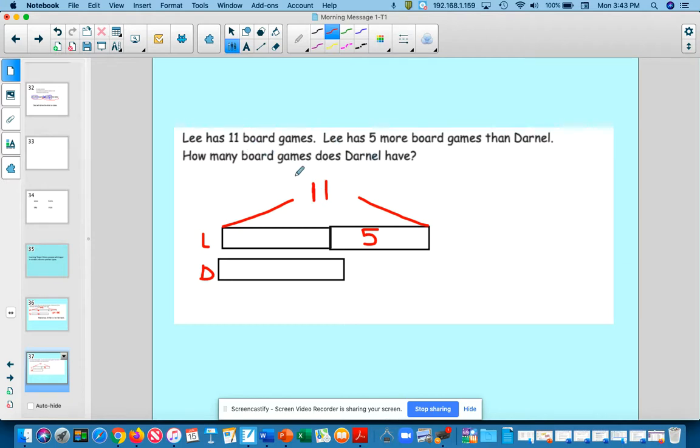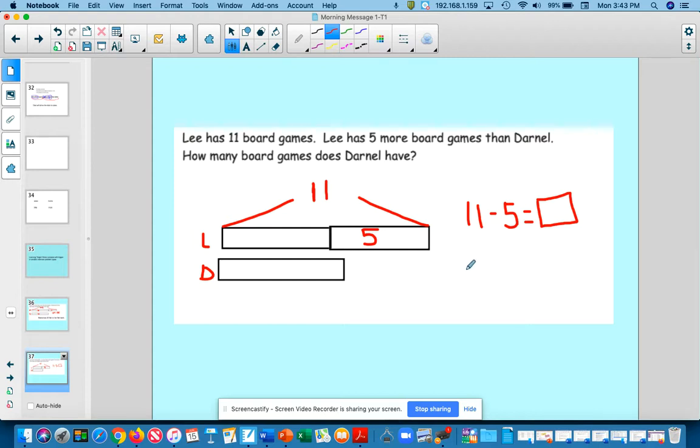So with 11, we have over here 11 total, and we know that he has 5 more than Darnell. Here, because we have a whole and a part, if you guessed subtract, you are correct. We're going to subtract to get that other part and figure out what Darnell has.